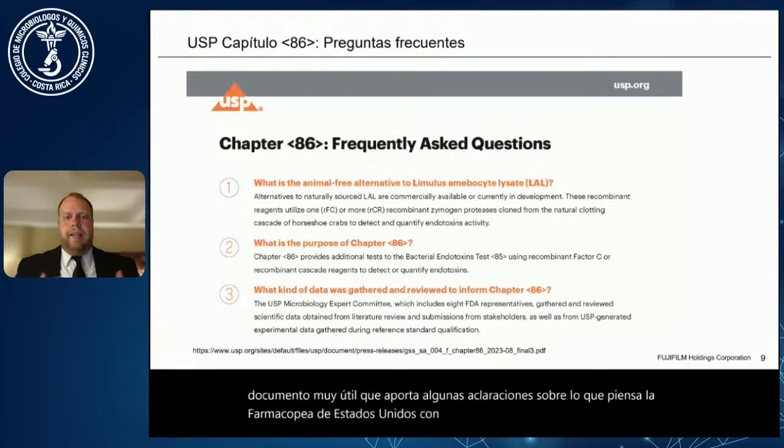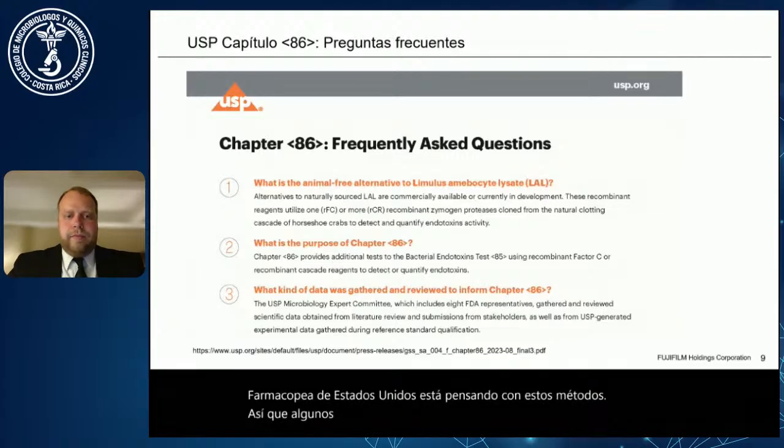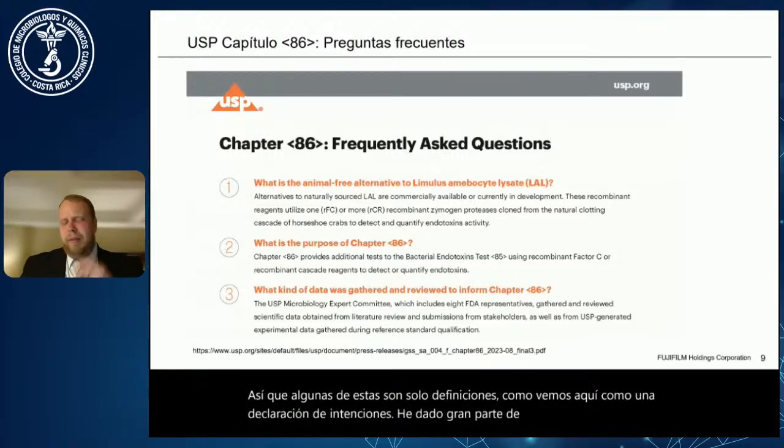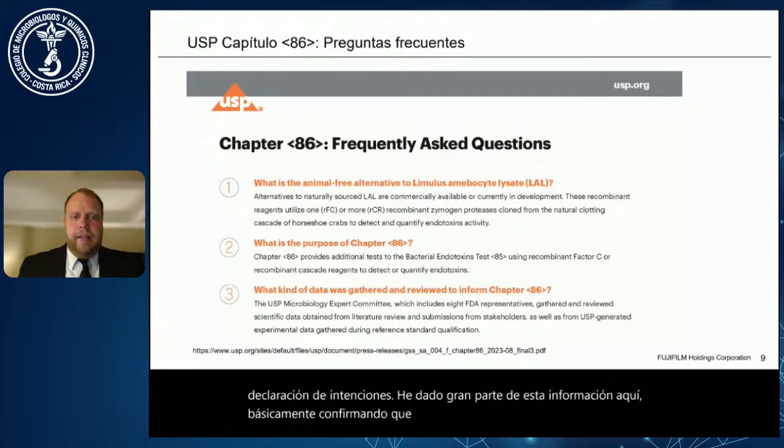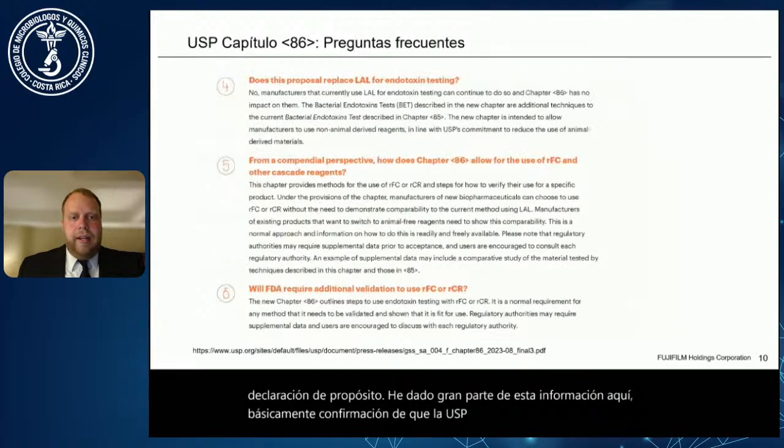So some of these are just definitions, as we see here, a statement of purpose. I've given much of this information here. Basically confirmation that the USP has evaluated these reagents, these recombinant cascade reagents that were mentioned.